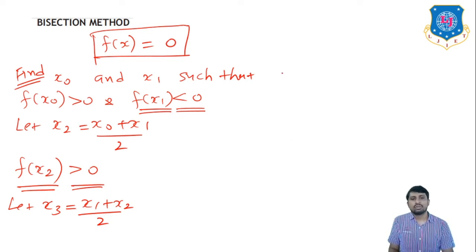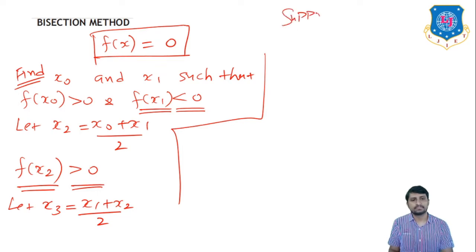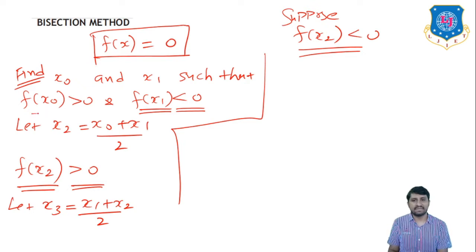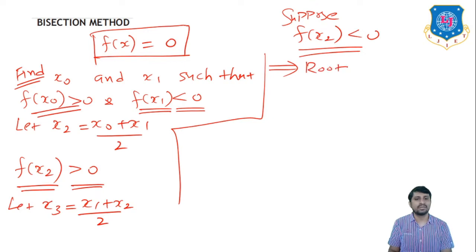Now suppose f of x2 is less than 0. Now f of x2 is less than 0 and f of x0 is greater than 0. So that means your root lies between x0 and x2. Just write the full sentence in the exam: root lies between x0 and x2.